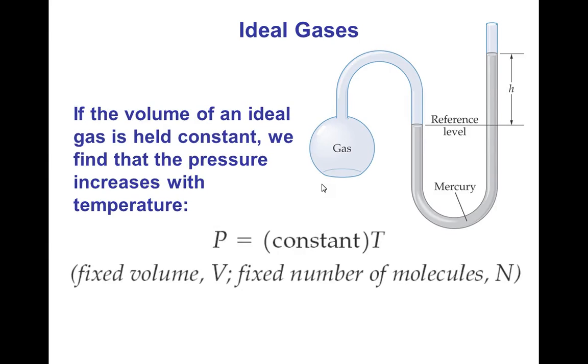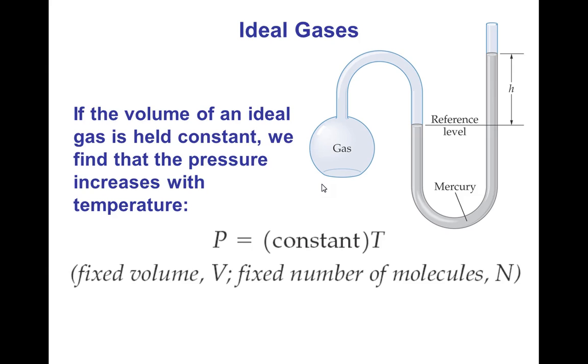So set up some ground rules here. If the volume of an ideal gas is held constant, then we could say, hey, you know what? If I increase the temperature, the pressure is going to increase. And if I decrease the temperature, the pressure is going to decrease. So we have a sense of a connection there. The rules are fixed volume and a fixed number of molecules. Molecules aren't going in and out.